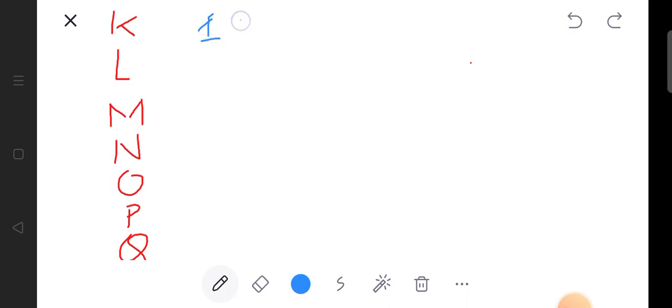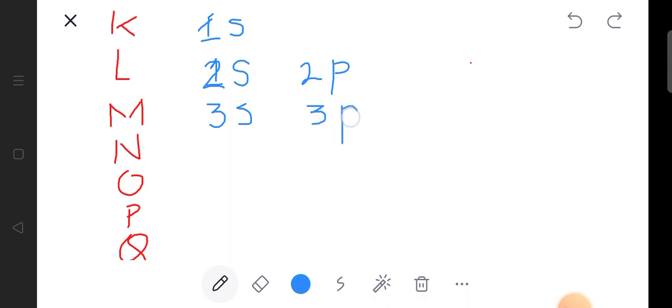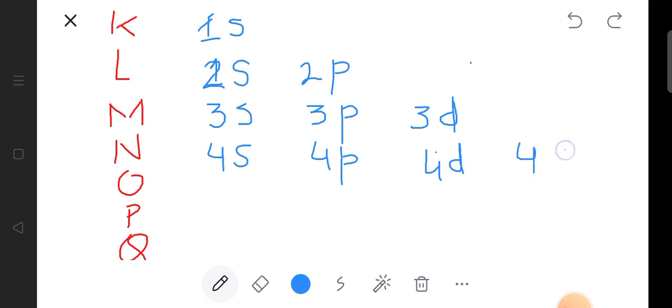subdivisions of shells. The first shell contains only one subshell, the second shell contains two subshells, the third shell contains three subshells, the fourth shell contains four subshells, and four subshells are the maximum. The fifth shell also contains four subshells.